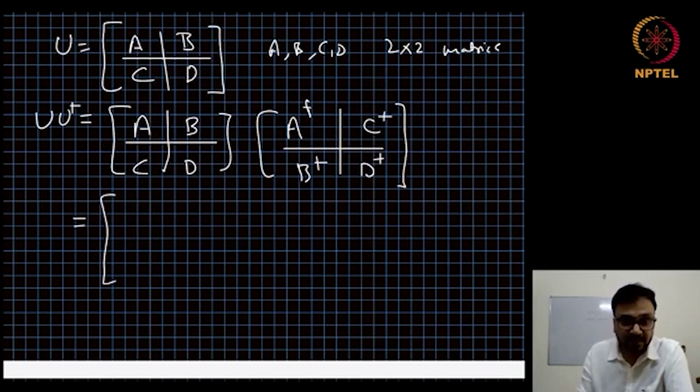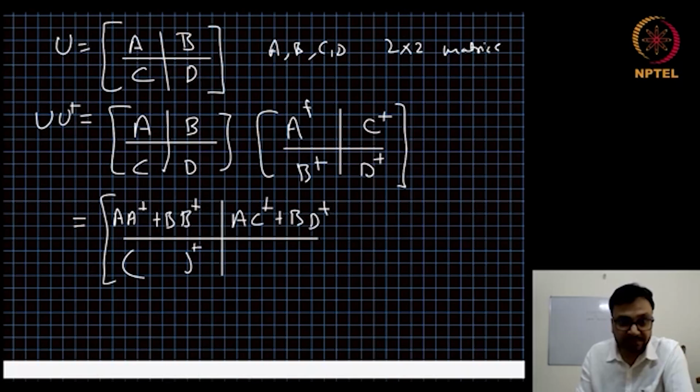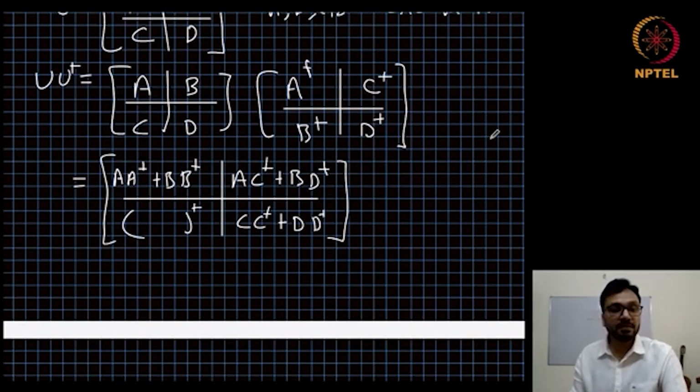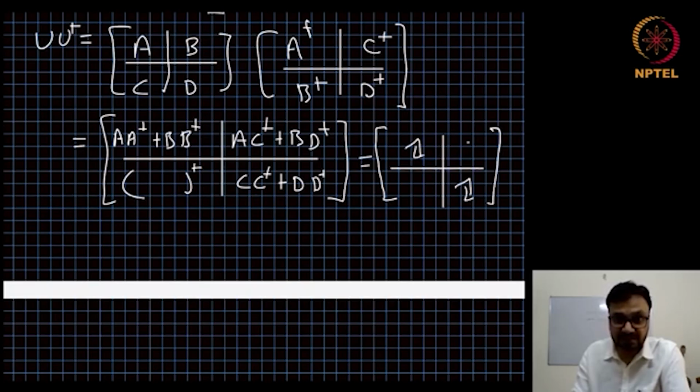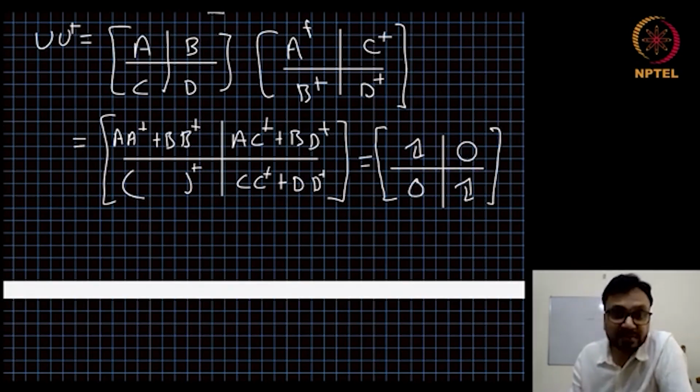Sorry, my notations are slightly different, and I want to stick to them. The product will be A A dagger plus B B dagger, A C dagger plus B D dagger, the Hermitian conjugate of that, and C C dagger plus D D dagger. So this is the matrix we get when we multiply U with U dagger in terms of A, B, C, and D matrices. And we know this must be equal to the identity and 0 and 0: 2 by 2 identity, 2 by 2 0, 2 by 2 0, and 2 by 2 identity.